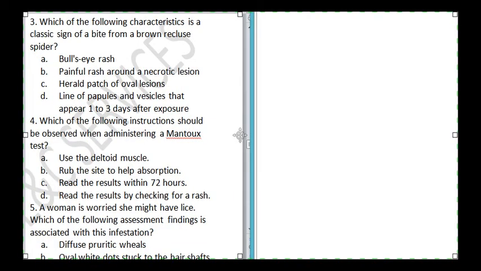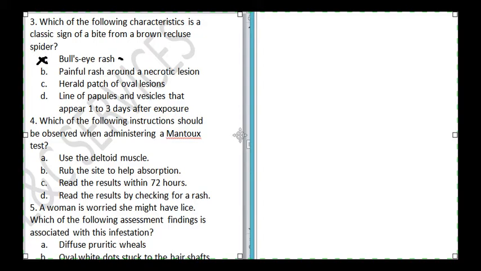Next, number 3. Which of the following characteristics is a classic sign of a bite from a brown recluse spider? In this section, we're talking about the assessment for a bite from a spider. So again, let's try to eliminate wrong options. Let's eliminate A. Why?